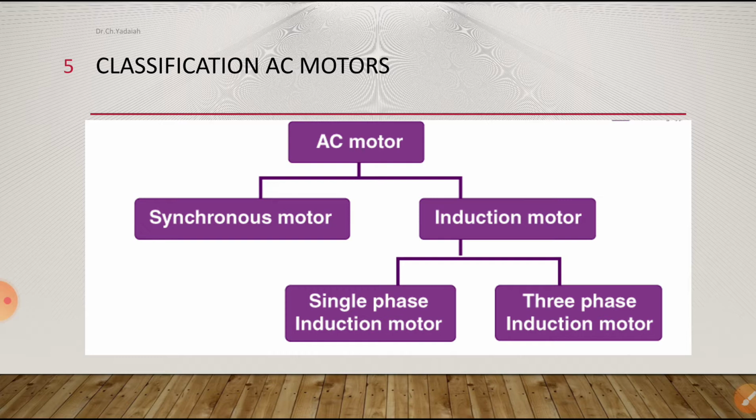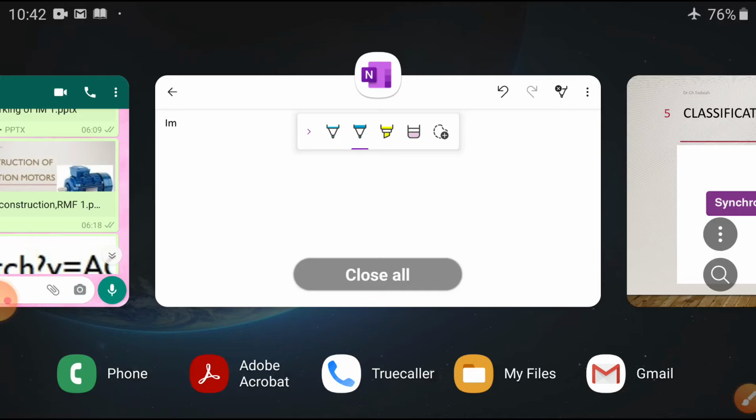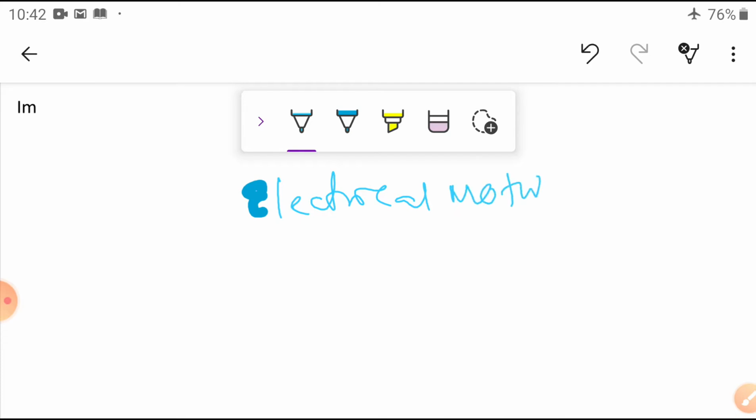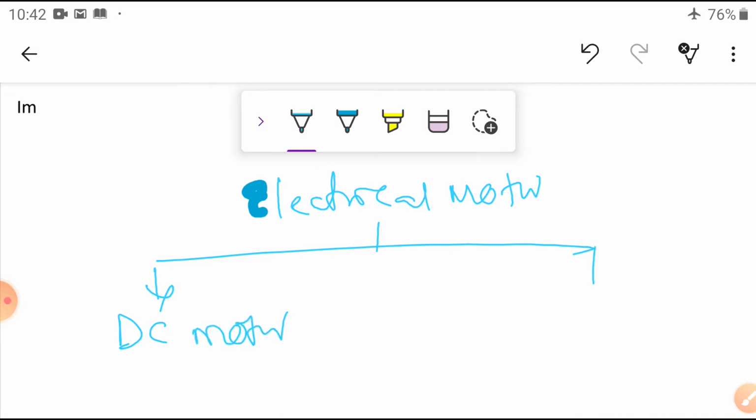All electrical motors are classified into two types, just recollect: DC motors and AC motors.